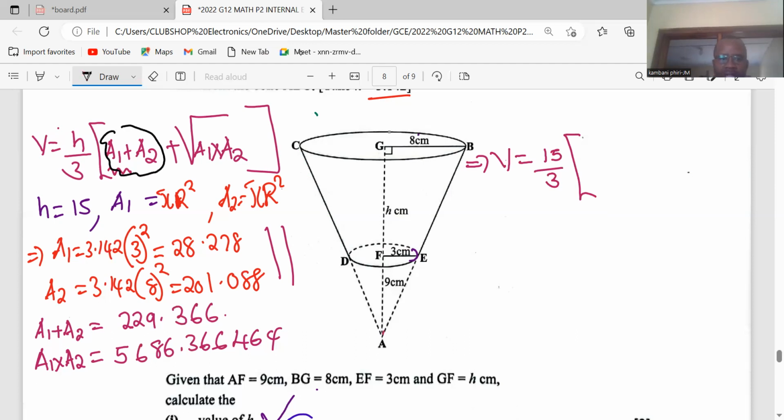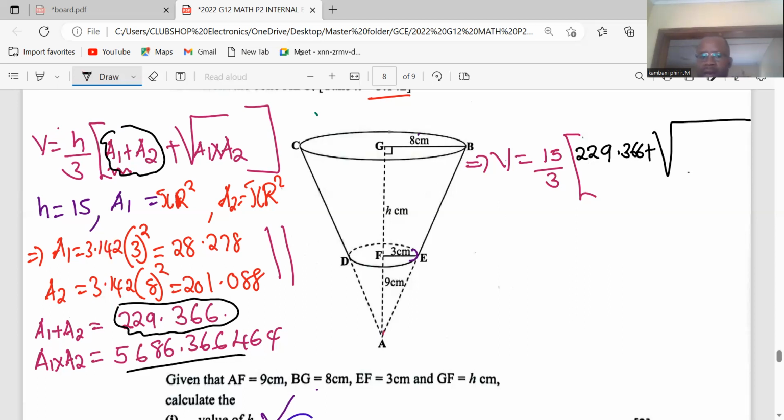We've already found it here, so it is 229.366, plus the square root of what is A1 times A2? We have also found it here, 5686.6464. Then you close your bracket.